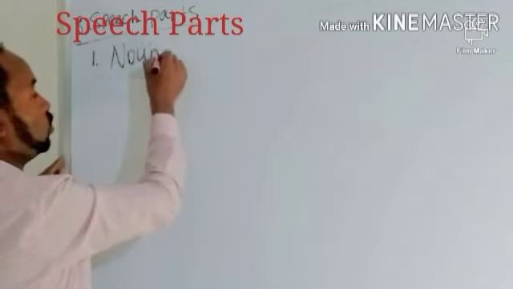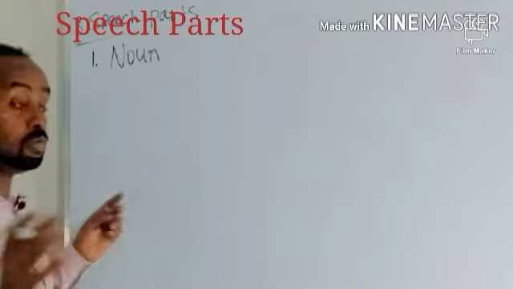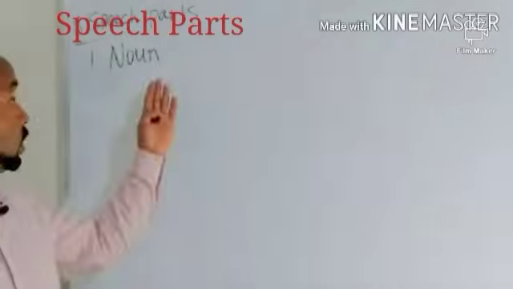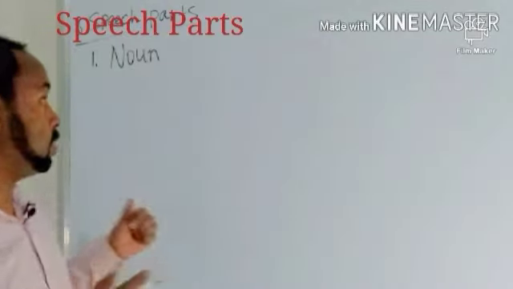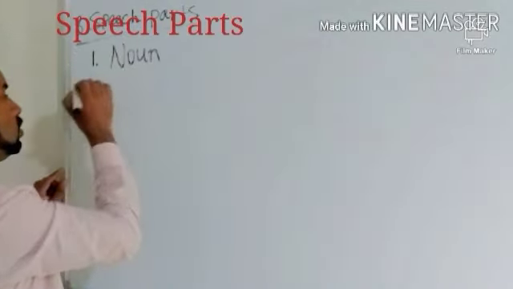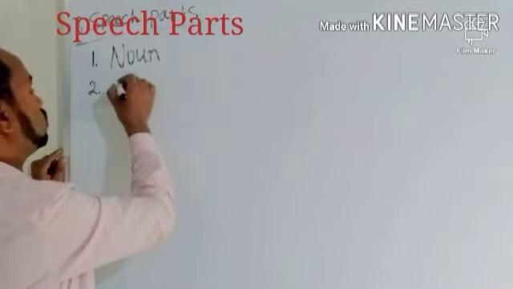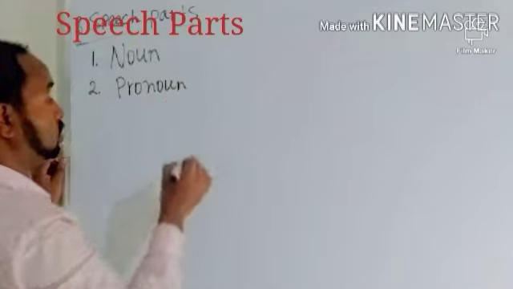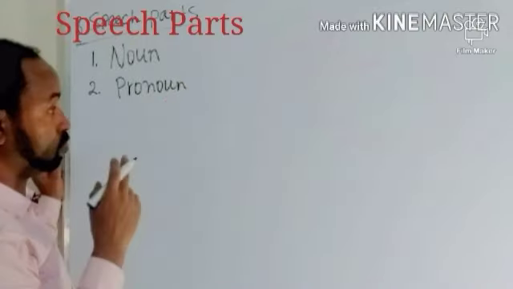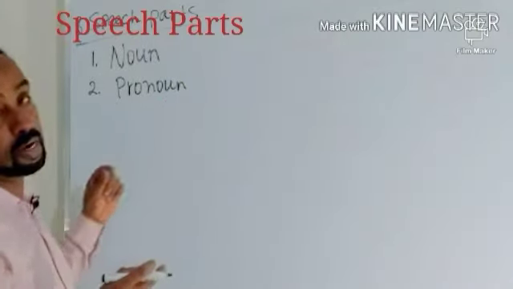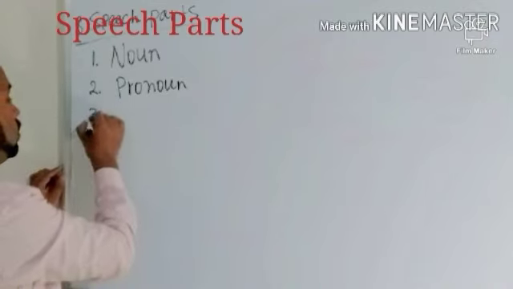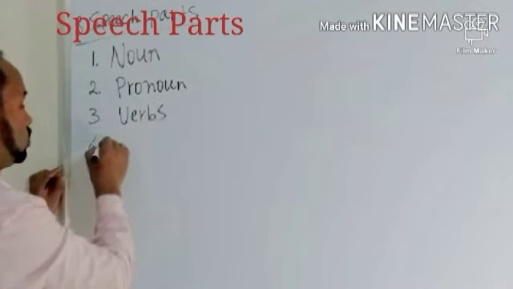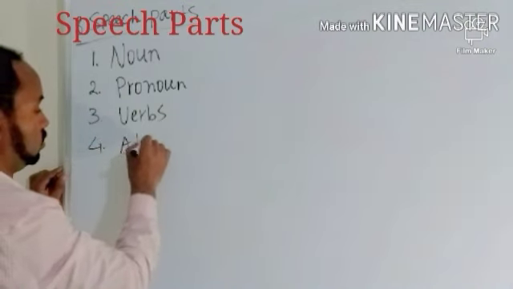Sometimes, in the plural form, we can even say nouns. The second is pronoun, because in the previous class I talked about pronouns. Third comes verbs, and the fourth comes adjectives.